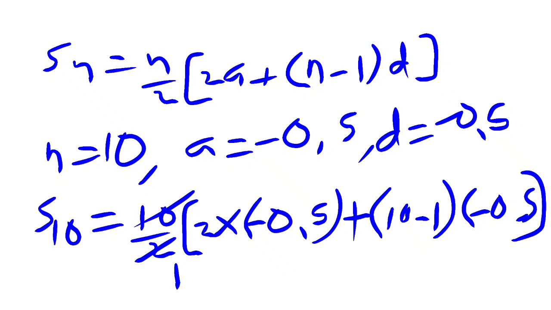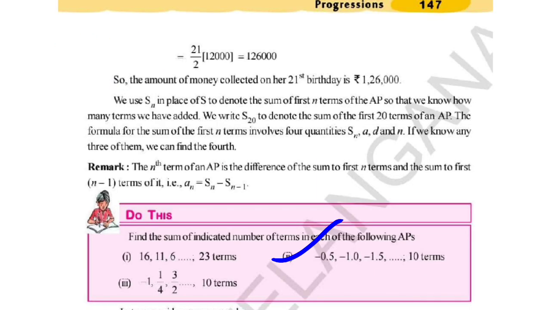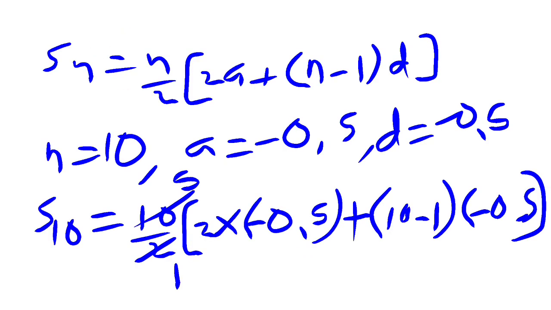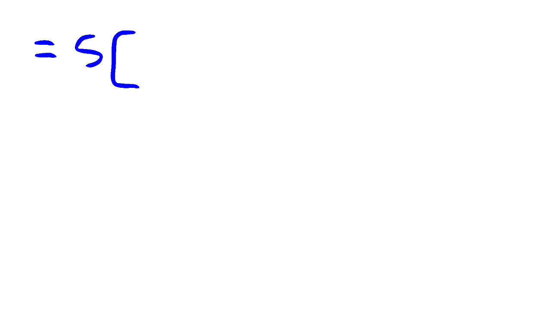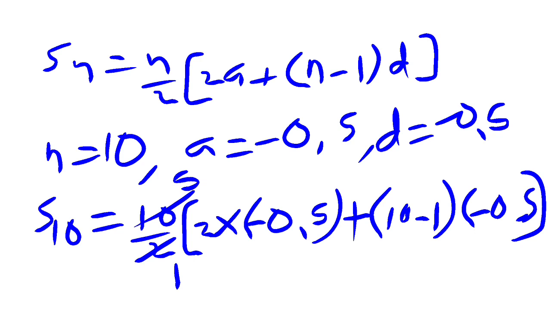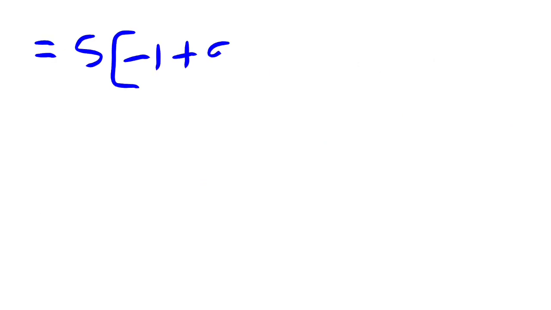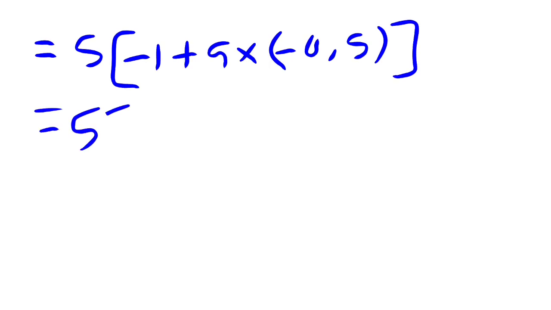Here we can cancel the 10 and 2. In the previous question it was 23 by 2, so we did not cancel, but here 10 by 2 we can cancel it. So 10 by 2 is 5. Put the bracket: 2 into minus 0.5 is minus 1. Next, 10 minus 1, that means 9 into minus 0.5 is minus 4.5, because 5 nines are 45, one decimal place.